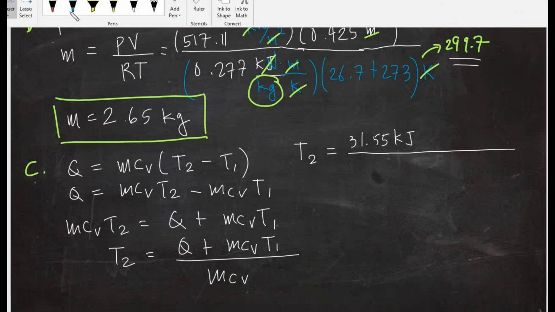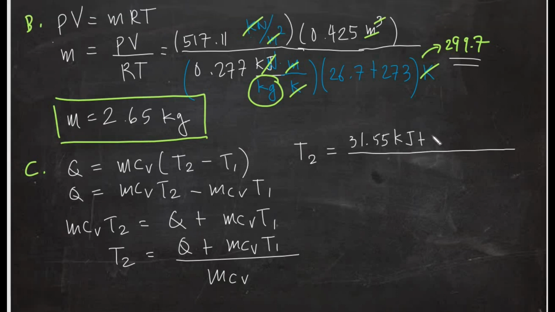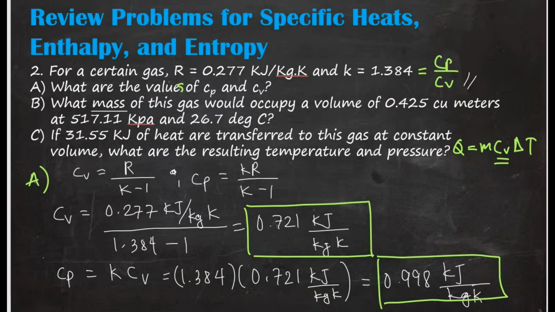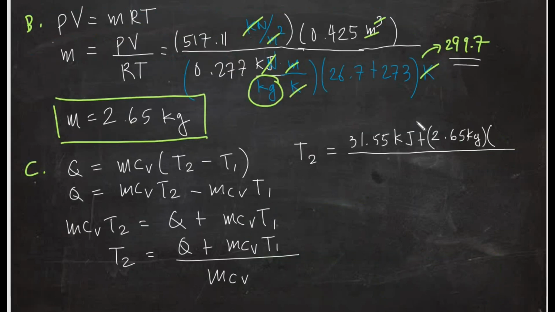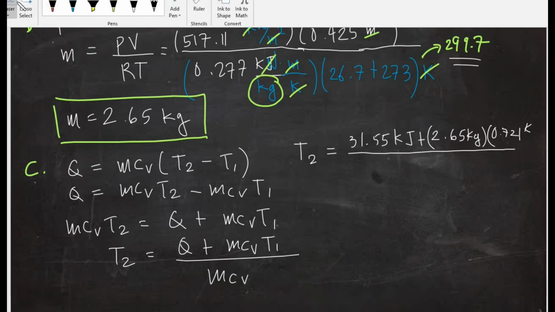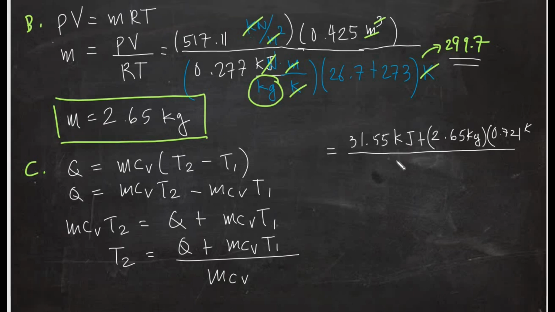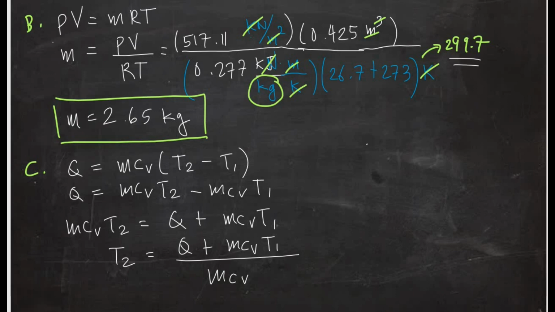Okay, so 31.5 plus mass 2.65 kilograms times C sub V. So let's just go back here. C sub V is equal to 0.721. Okay, let me, I need more space. Let's just go to the next page.